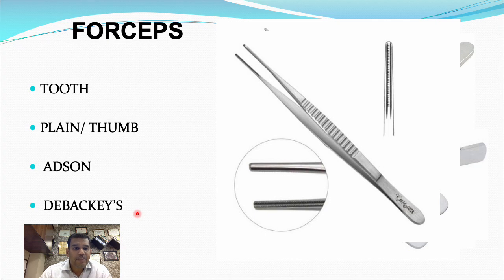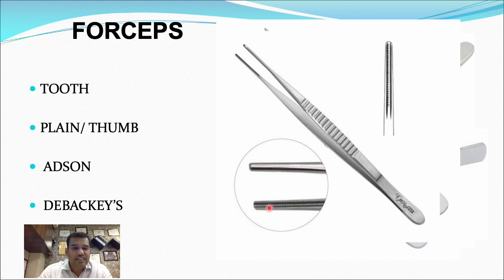Lastly is a DeBakey vascular forceps. It is called a vascular forceps. Because of the poor quality of holding of the plain forceps against the tooth forceps, and the tissue-traumatizing quality of the tooth forceps, this is the in-between instrument.